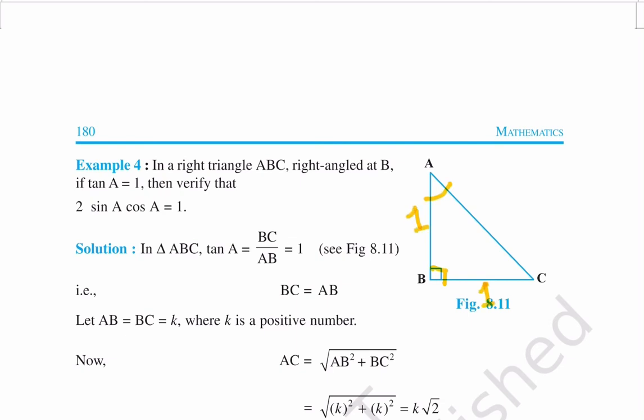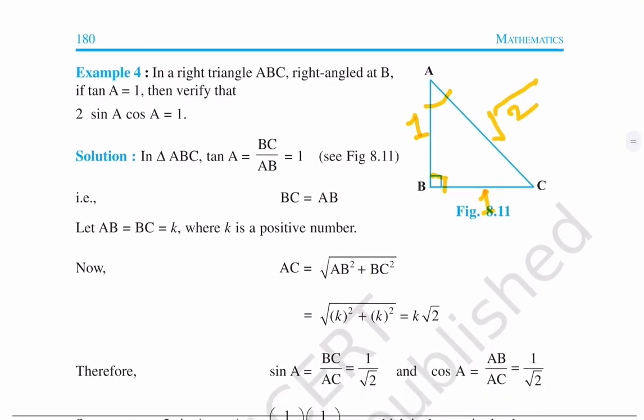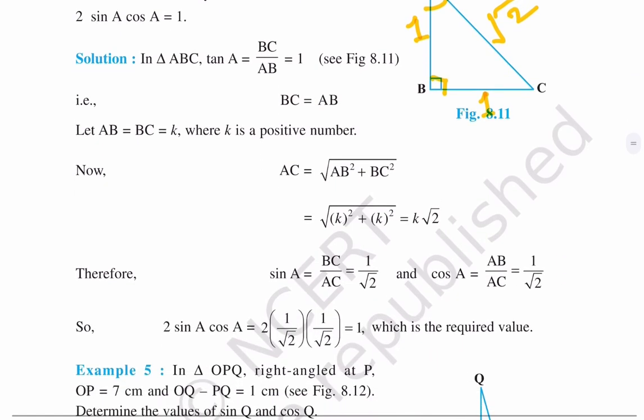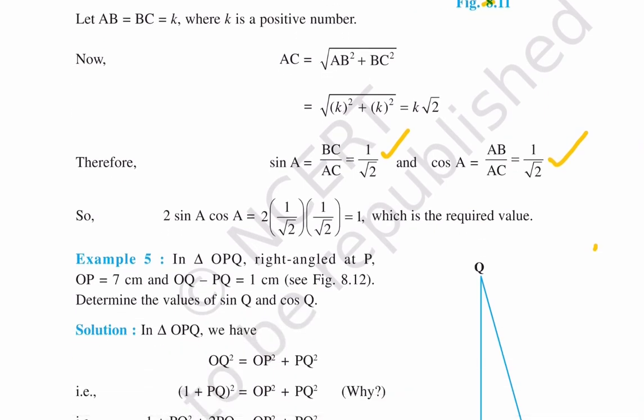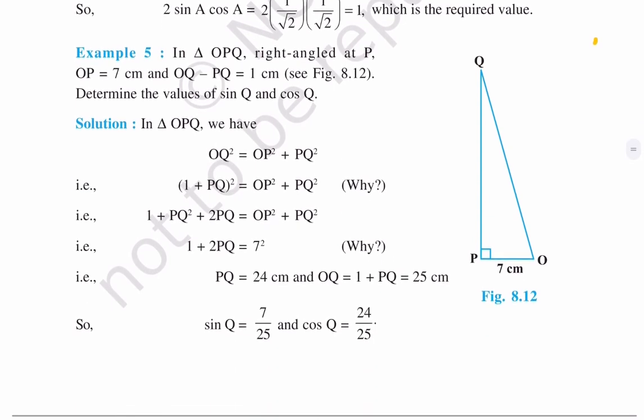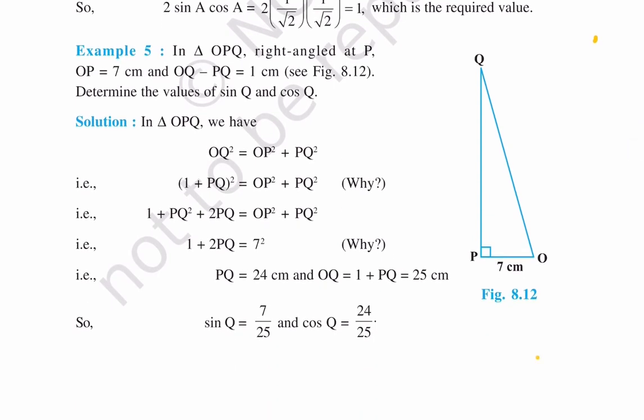So tan A is equal to 1 by 1, that is 1. So you can find sin A and cos A, where the hypotenuse will be equal to square root 2. So sin A is equal to 1 by square root 2 and cos A is equal to 1 by square root 2. Therefore 2 times sin A cos A is equal to 1. Similarly, you can also do example number 5.